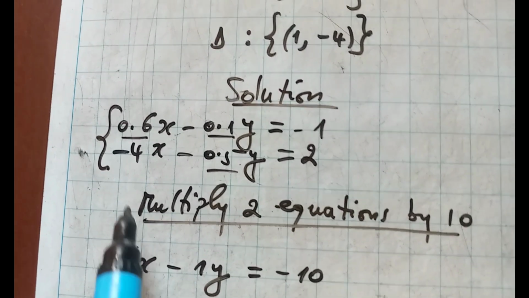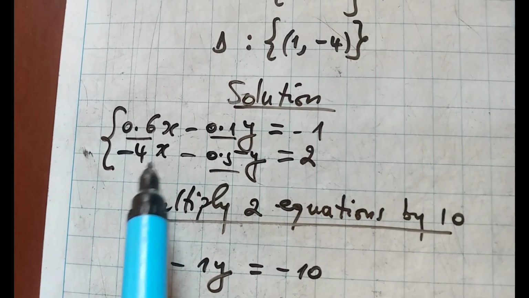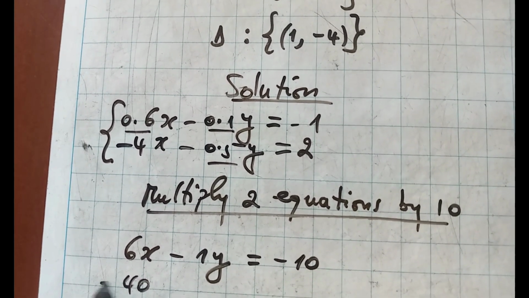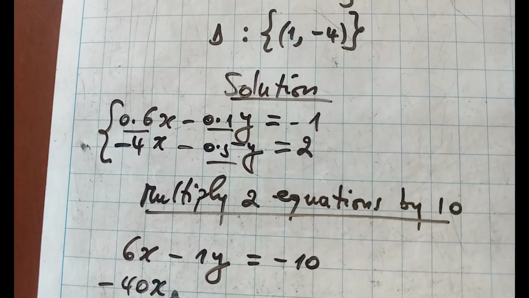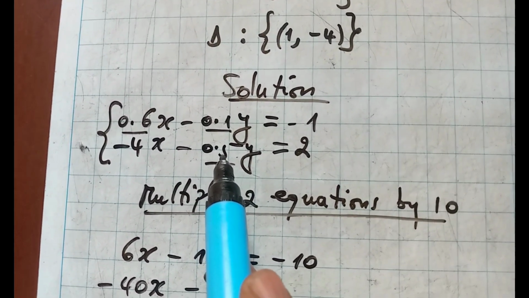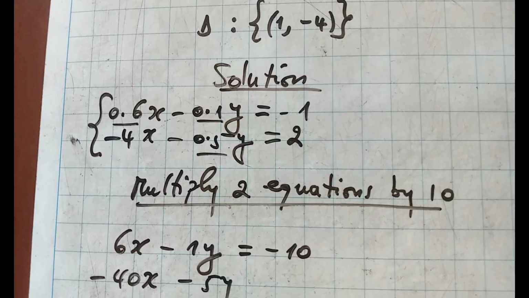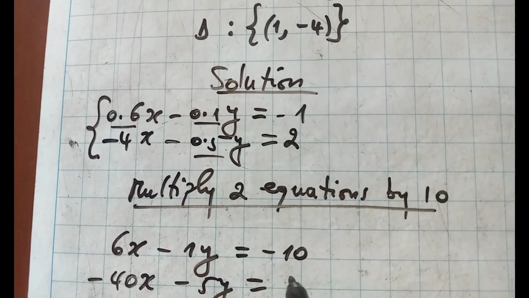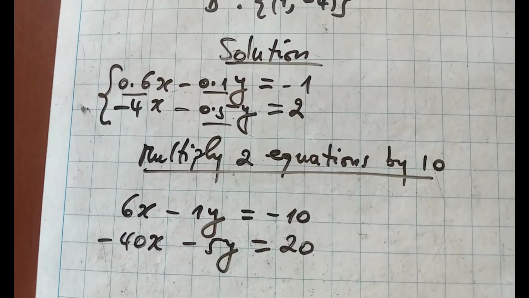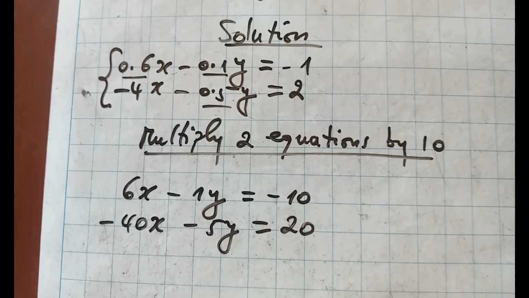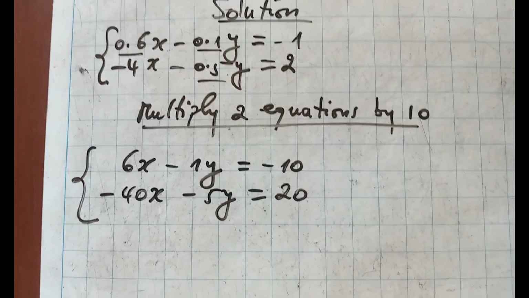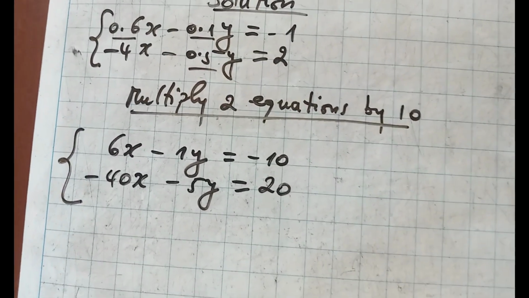Another equation here is negative 4x times 10, which is equal to negative 40x, then minus 0.5 times 10, which is equal to 5y, then equal to 2 times 10, which is 20, right? Then this is the pair of simultaneous equations. We need now to solve this one.